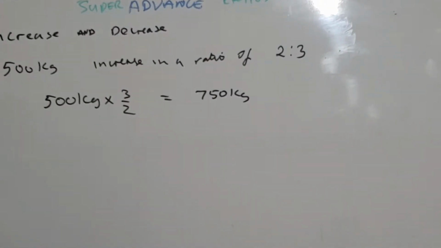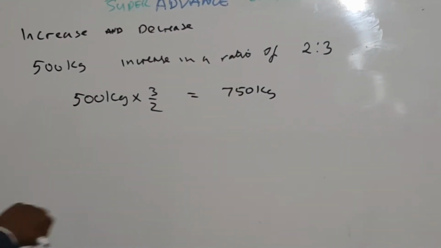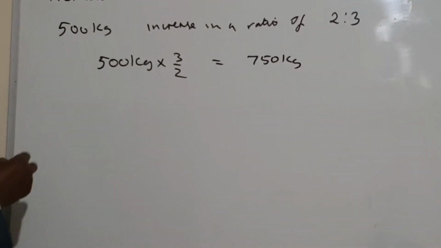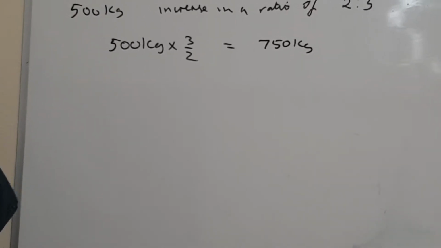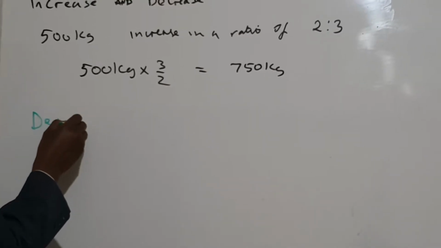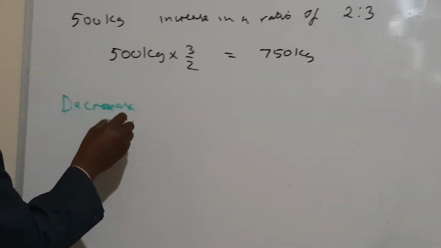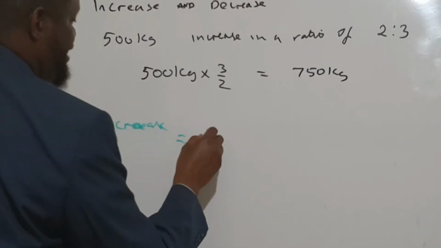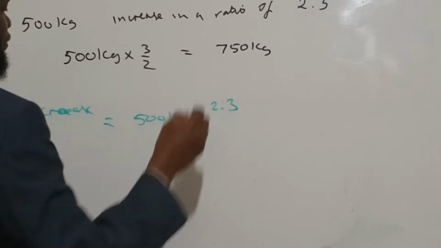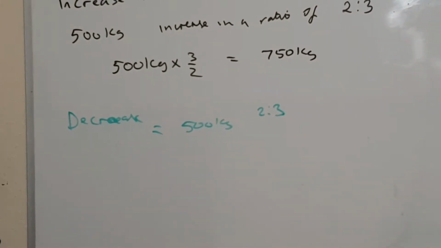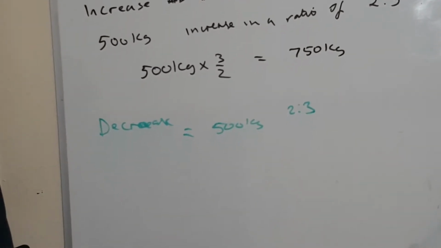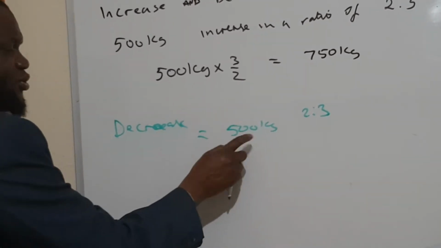Now, on the other hand, if we are told to decrease, let me do that with a green pen. If I ask to decrease 500 kilogram in a ratio of 2:3, you multiply by the lower fraction, because if there's a decrease, that means this thing goes down.